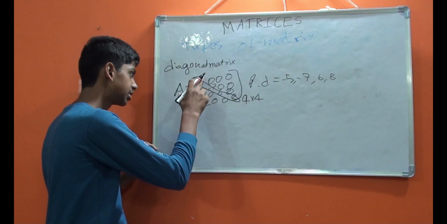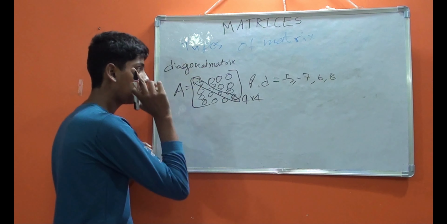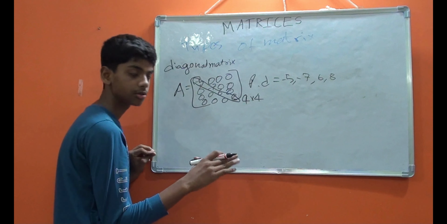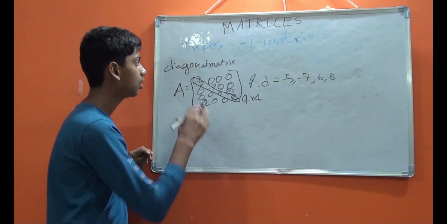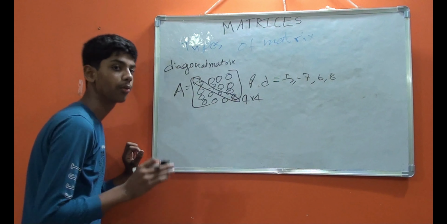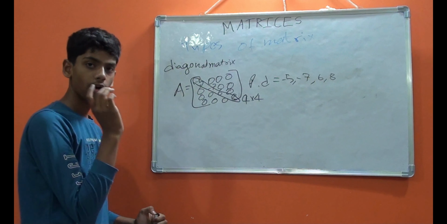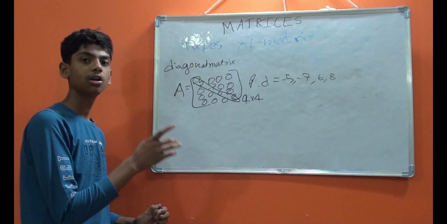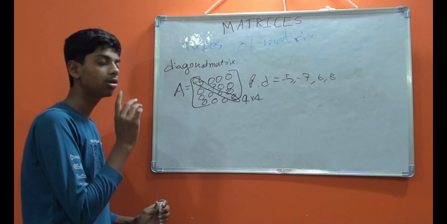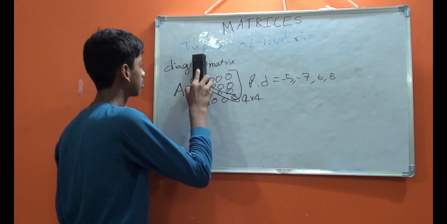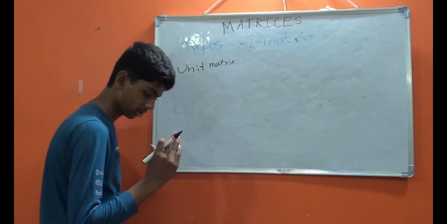You must have noticed that the elements except the principal diagonal are zeros. So we can write the definition of diagonal matrix as: all the elements except the principal diagonal should be 0.